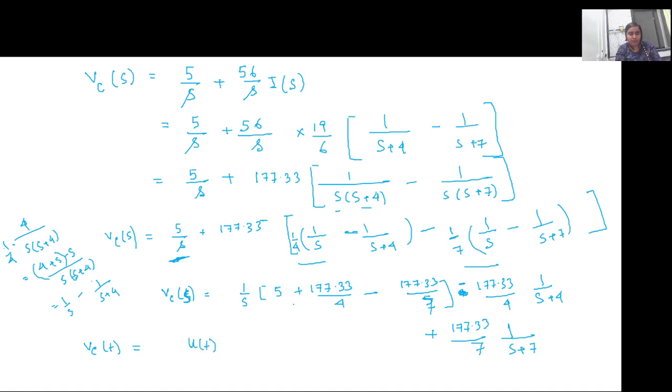Now whatever constant term we have here, let's calculate. 5 plus 177.33 by 4 minus 177.33 by 7. This constant comes out to be 23.99, so it's approximately 24.